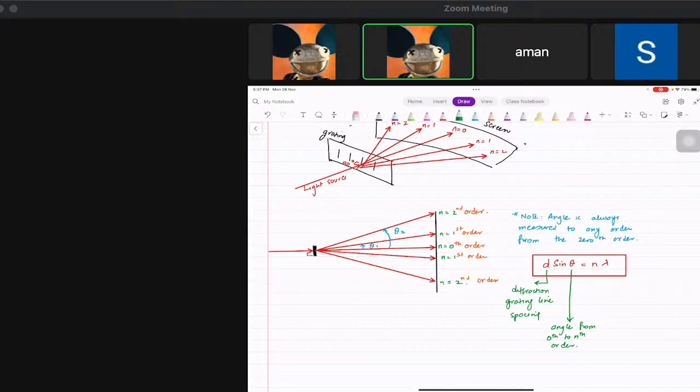Of course, n is the number of order. It starts from 0, 1, 2, no matter how many there are. And lambda is the wavelength of light. Alright, so this is just the general formula of what you've been seeing lately. If you have any questions, please let me know.